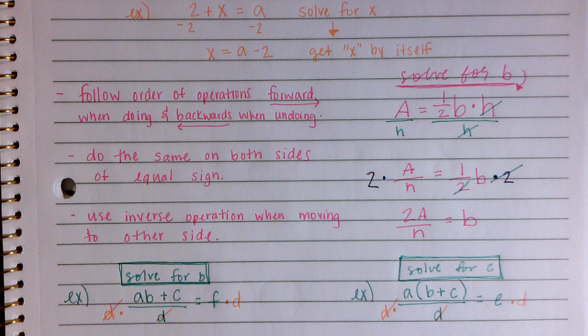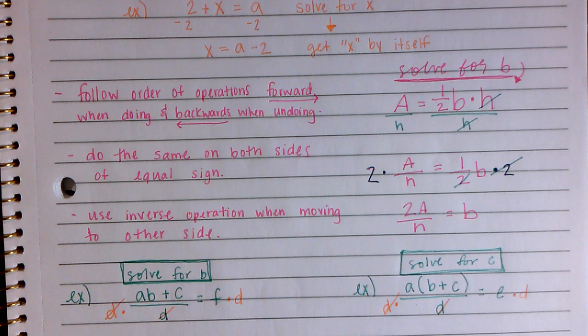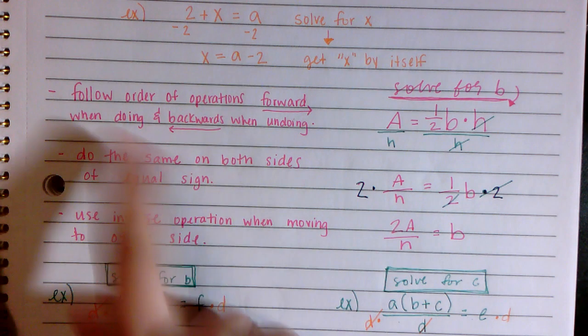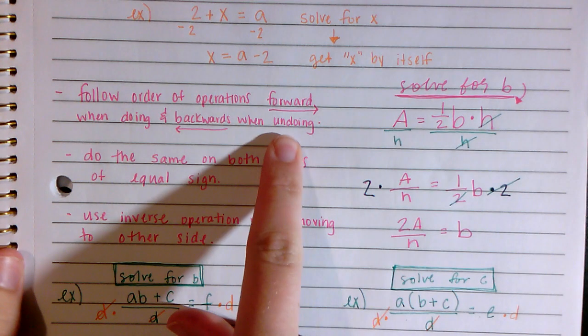Well, that's backwards from PEMDAS, right? PEMDAS would have us do multiplication, exponents, dividing, all of that before we do any simple adding or subtracting. But when you're undoing them, that's why we add or subtract those constants first, and then multiply and divide. So we do this backwards when we're undoing problems.